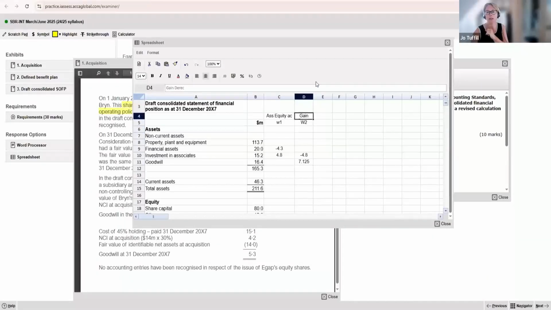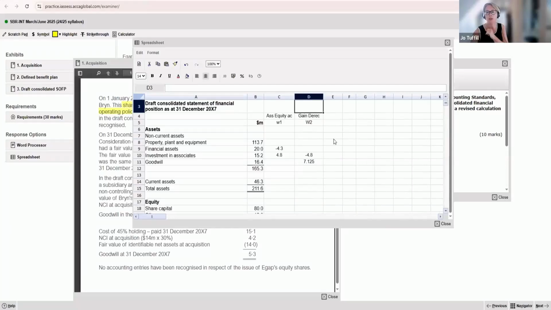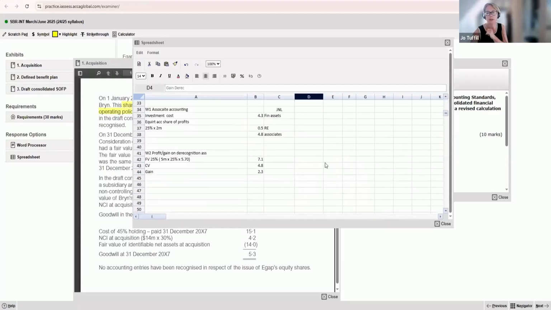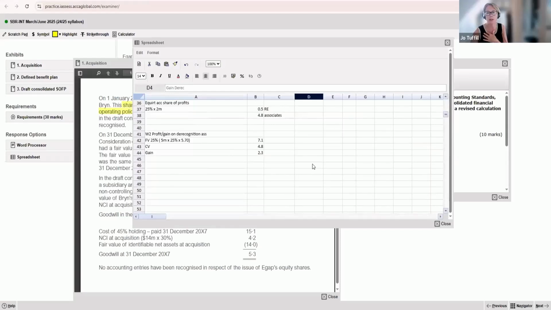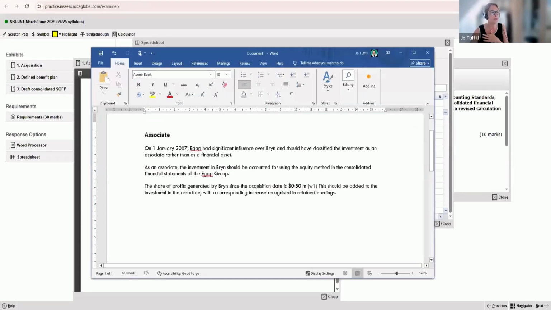So gain on derecognition, I'm just going to show so it's clearer. It's very good to make sure you show all what you've written in the cells, because when it comes up on the marking screen, they can see it too. So let's now go and see how I explain that in my Word document.